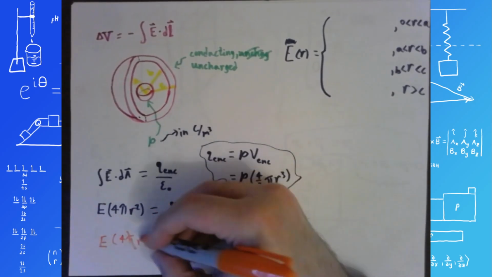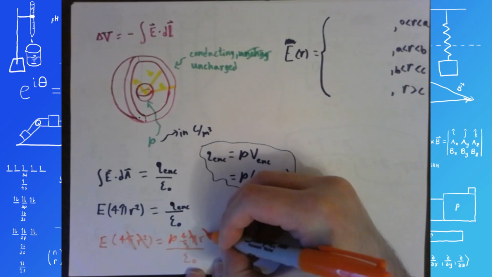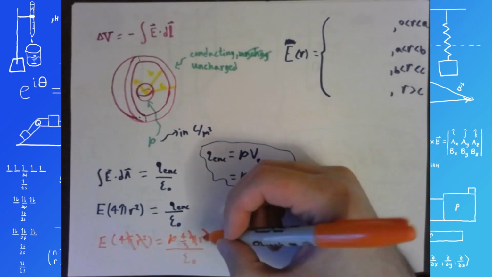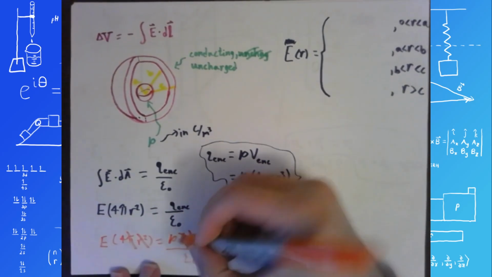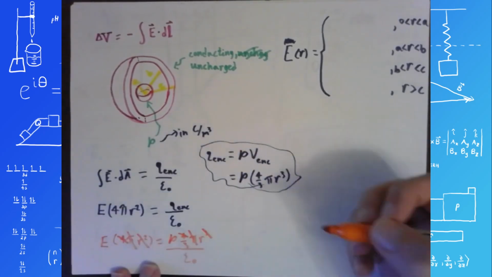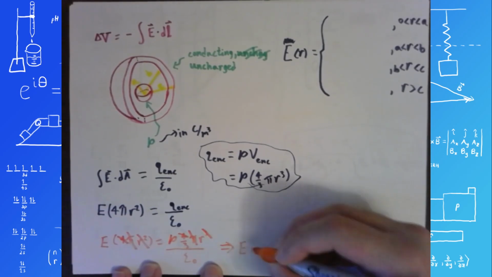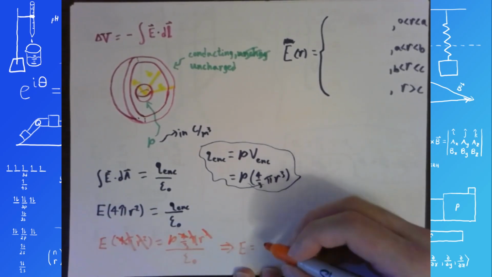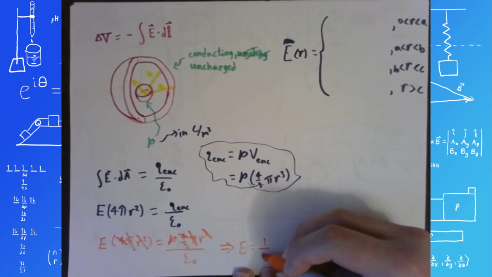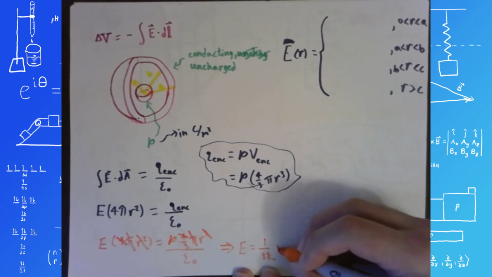Pi's cancel out, r squared reduces with r cubed, leaving just an r over there. The 4's cancel out, and we have electric field is equal to rho over 3 epsilon naught times r.